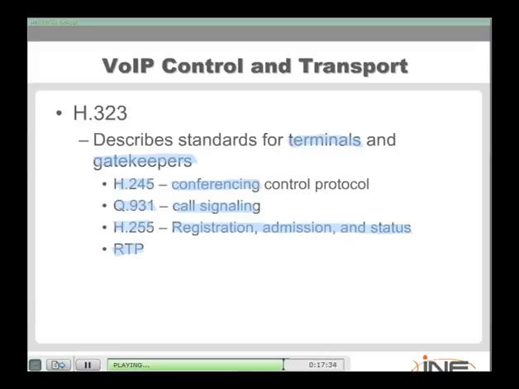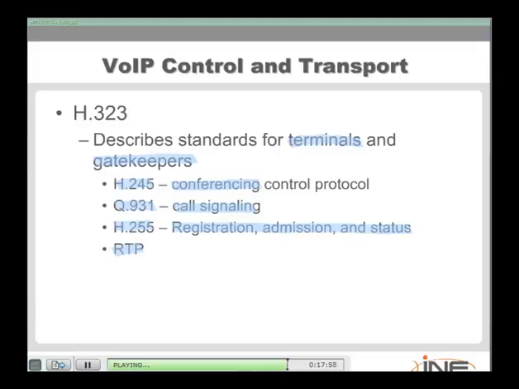So notice lots of different codecs, lots of different voice over IP control and transport standards that we need to get a handle on. I would highly recommend flashcards to help you out in the area of these voice over IP codecs and control and transport mechanisms.